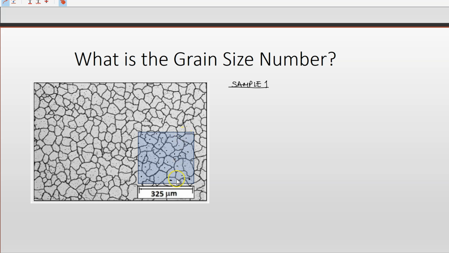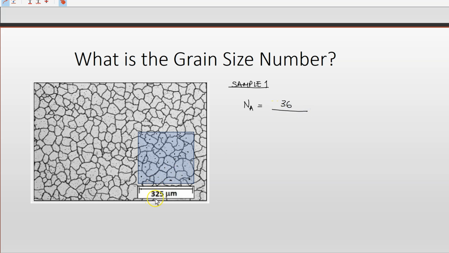Perhaps I could take all these little pieces here and call it 36. So how can we write N sub A, which is the number of grains per square millimeter? I just counted 36.